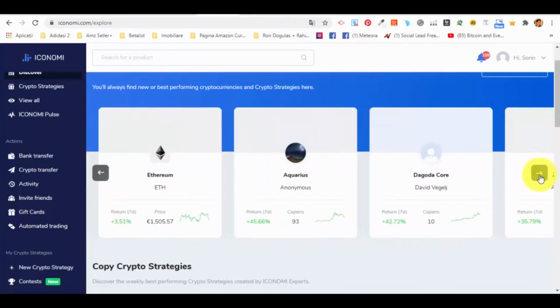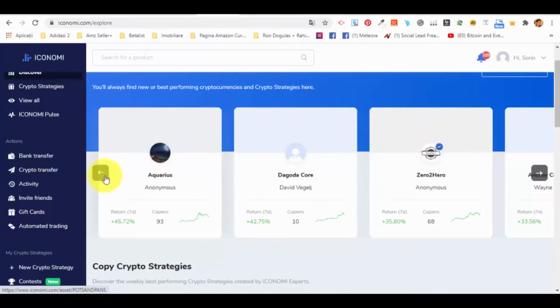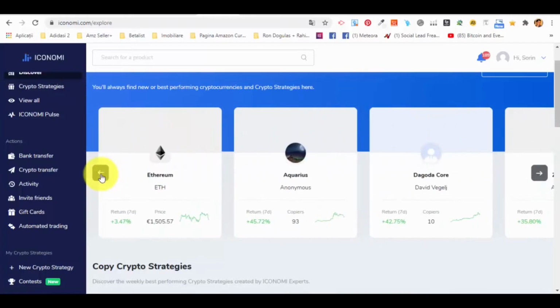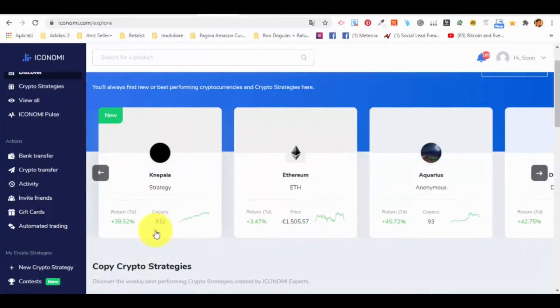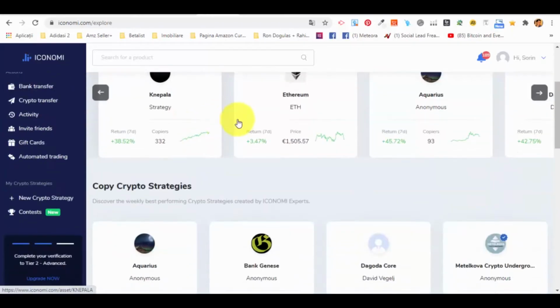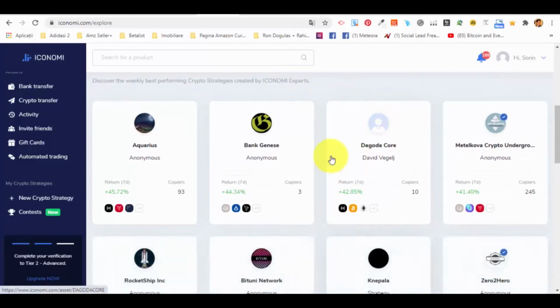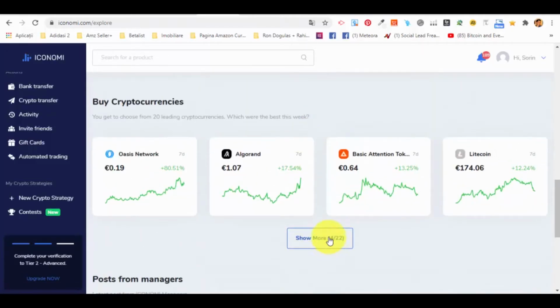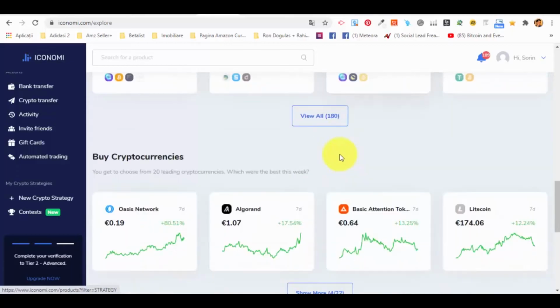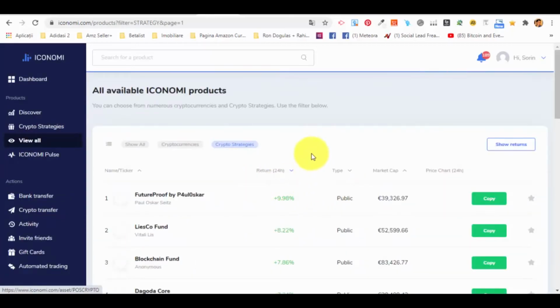Okay, so if you look, it's pretty interesting what they are showing here. Now another thing that they are showing is the number of copiers. Okay, you have the number of copiers of each strategy. Now, if you want to see all of the strategies, you just scroll down. You see that there are around 180 strategies. And we can just check all of them.